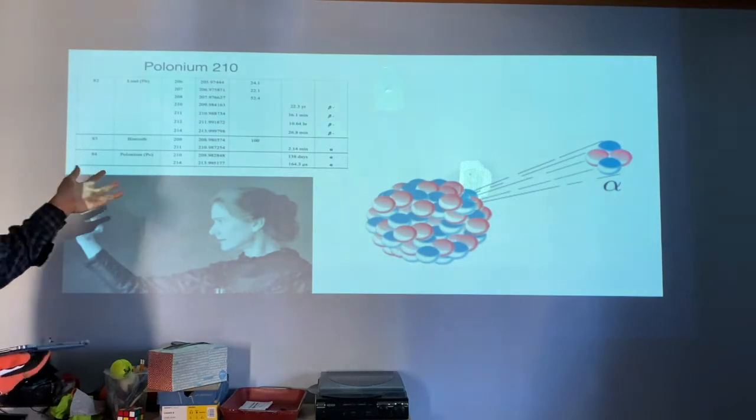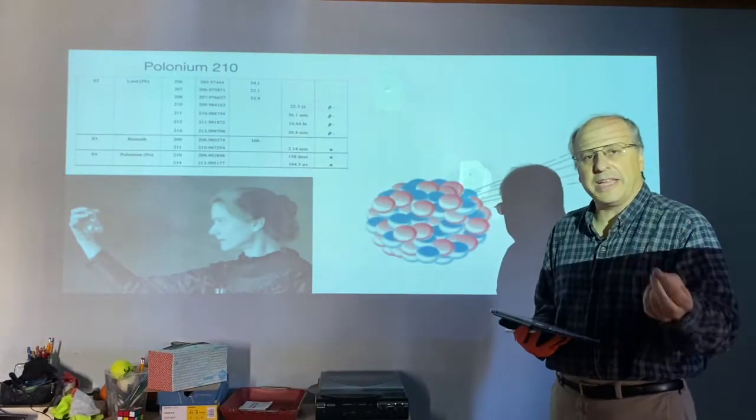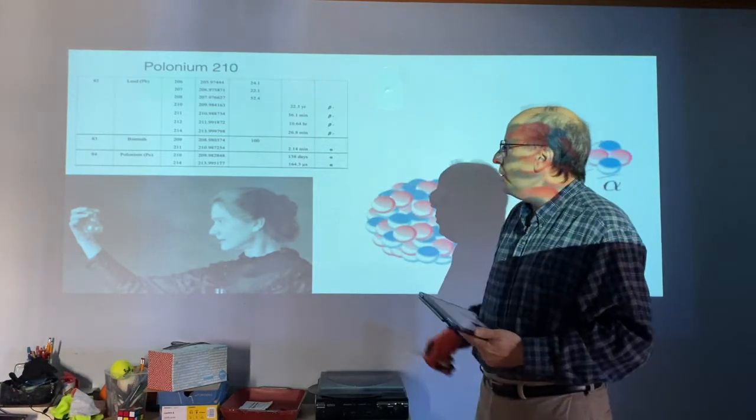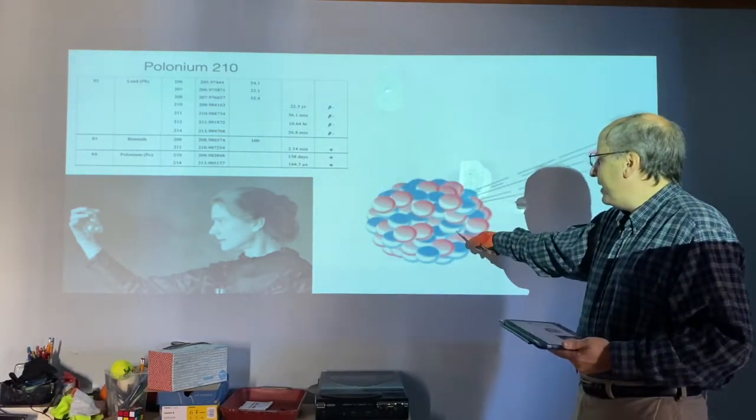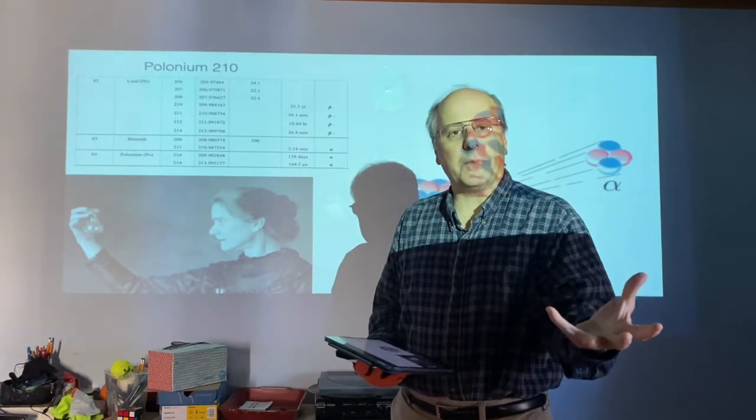Okay, so I want to remind you that what we've done so far is natural radioactive decay. We have a plutonium-210. It's sitting there, and at some random time, it gives off an alpha particle.